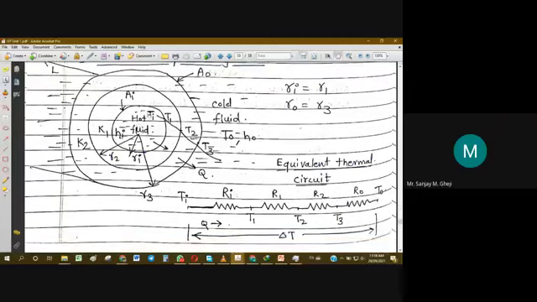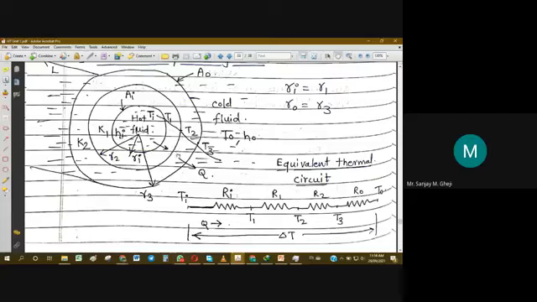Due to such a large temperature difference from Ti to To, heat transfer is occurring through this composite structure. First, it will be by convection from the hot fluid to the inside surface of the inner tube. Then from the inside surface to the outside surface of the inner tube, it will be by conduction.